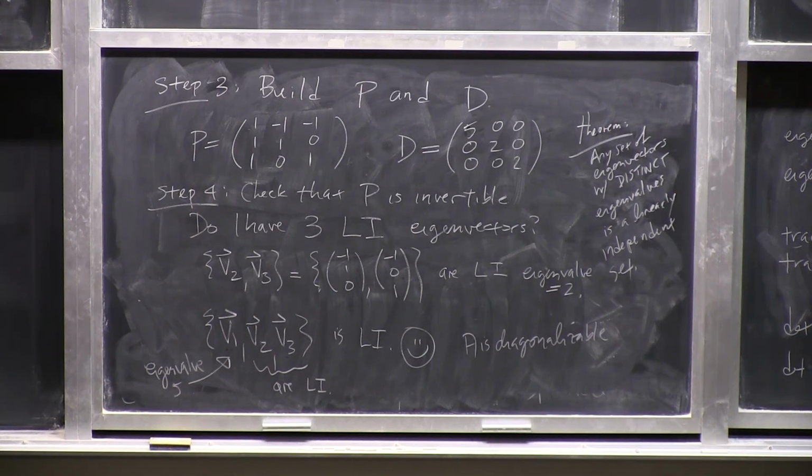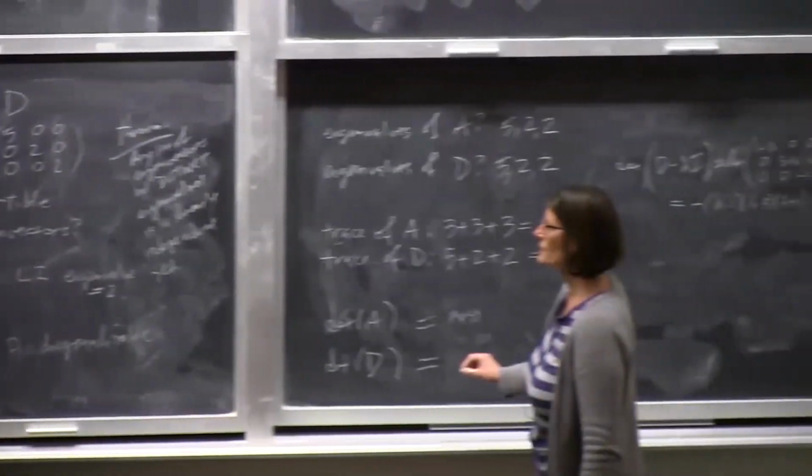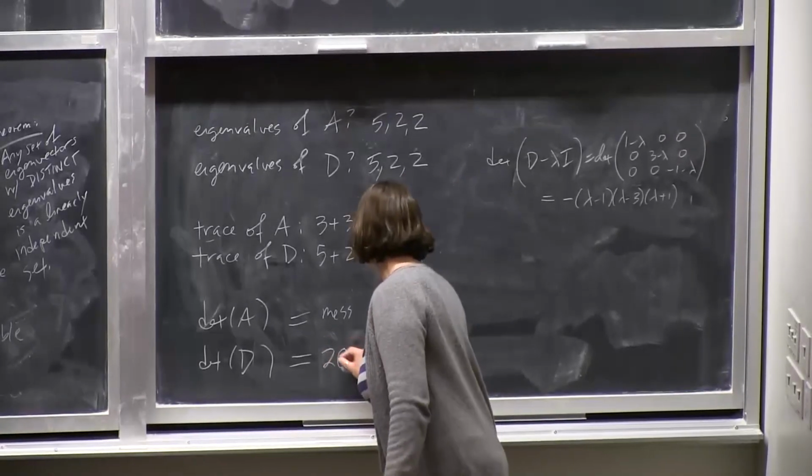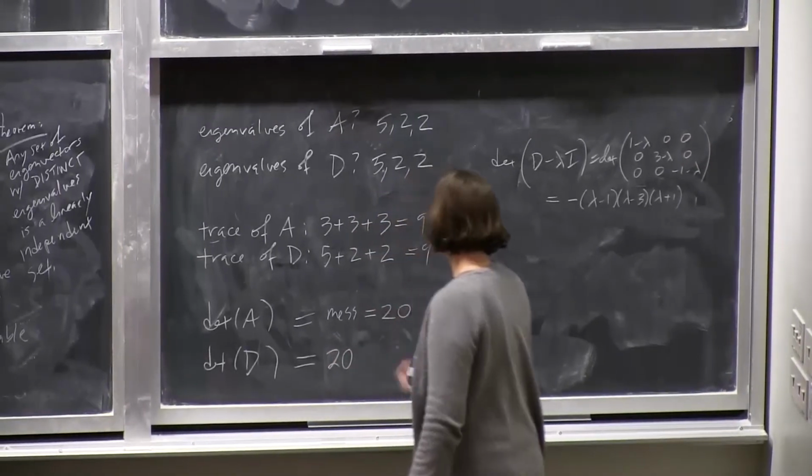The trace of A is 3 plus 3 plus 3. The trace of D is 5 plus 2 plus 2. 9, 9. The determinant of A is a mess. The determinant of D is what? 20.